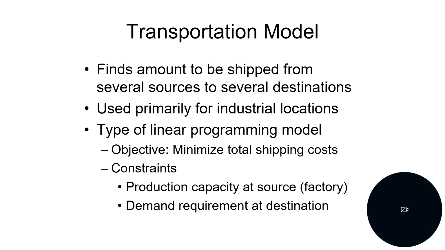And then we have the transportation model. This is a linear programming model used to find the optimal shipping strategy from multiple sources, for example a factory with capacity constraints, to multiple destinations. The objective is to always minimize the total shipping cost with these constraints.